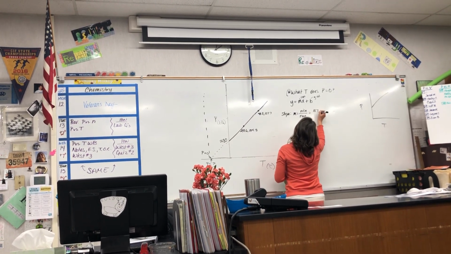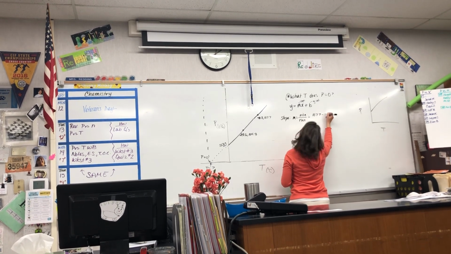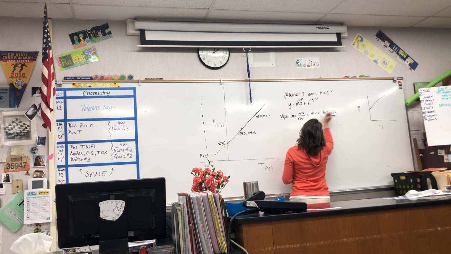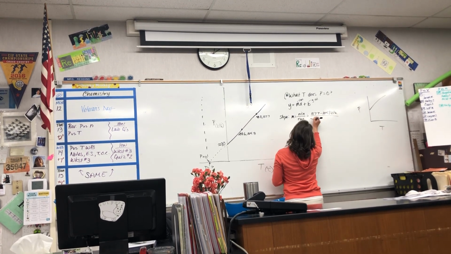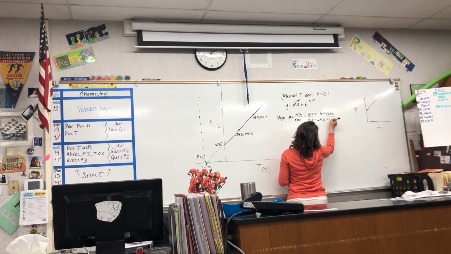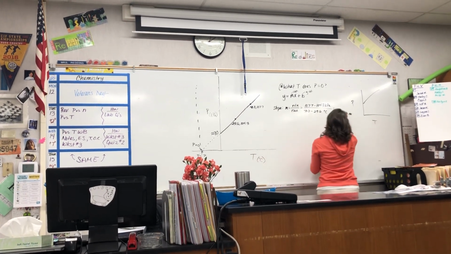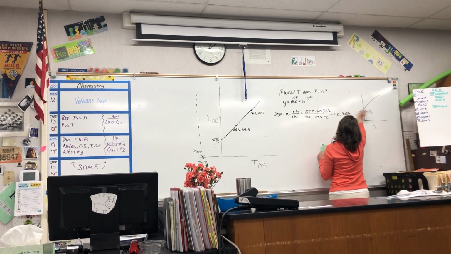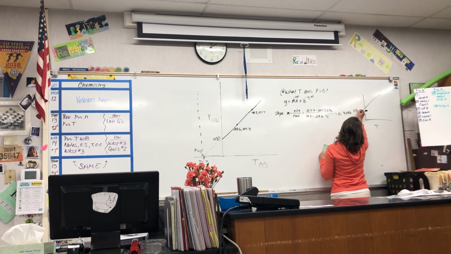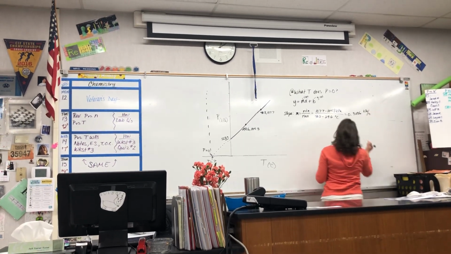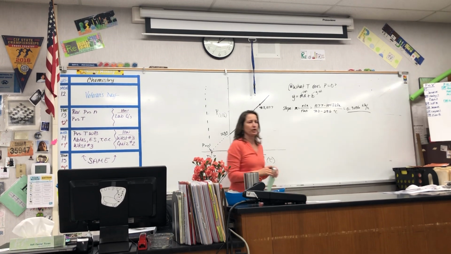So 107.7 minus 104.3 kilopascals over 40.8 minus 29.6 degrees Celsius. And if I do that math, it gives me 0.3036 kilopascals over degrees Celsius. Okay, there's my slope. Great.